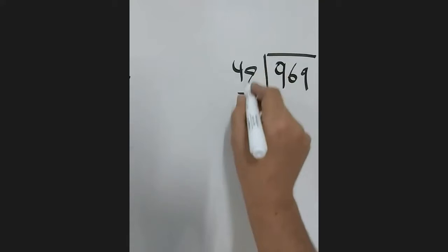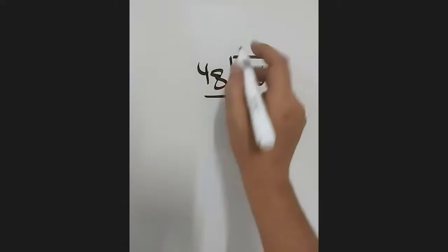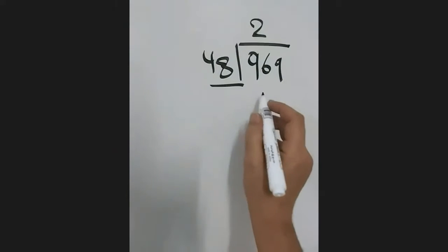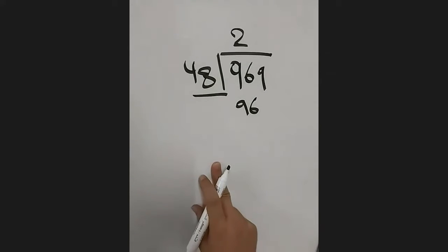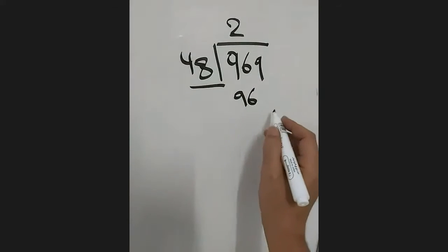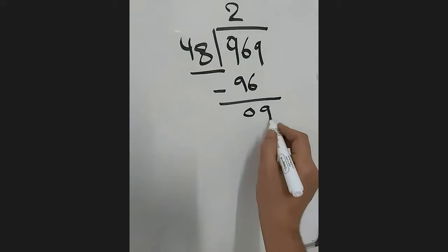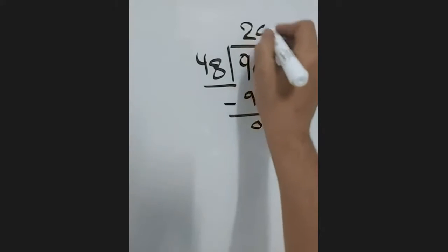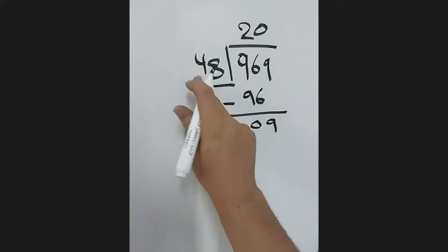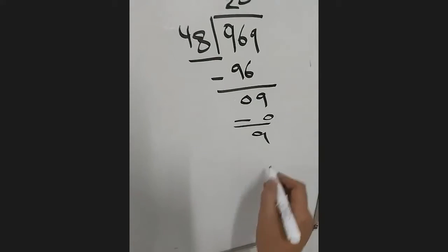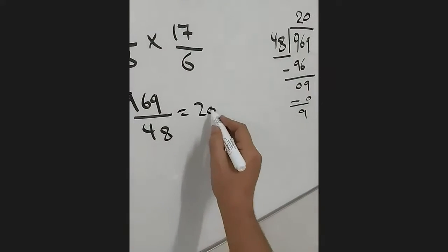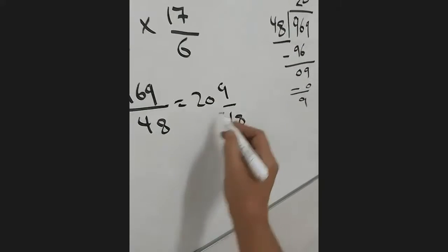So I will divide here. 969 divided by 48, right? 2 by 48 is 96, right? Now subtract, it is 0. Put the 9 down. The 9 is less than 48, 0 in quotient. 0 by 48 is 0, subtract 9. So the answer is 20 and 9 over 48.